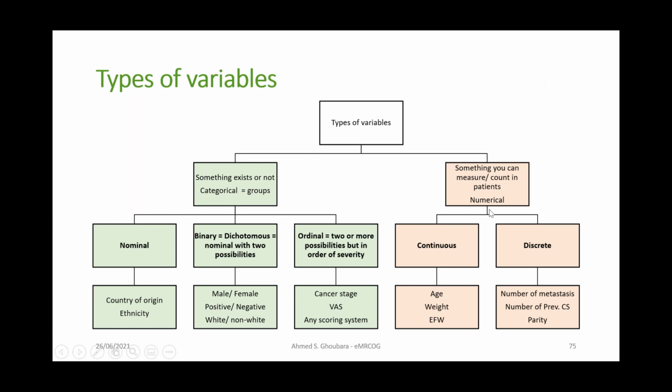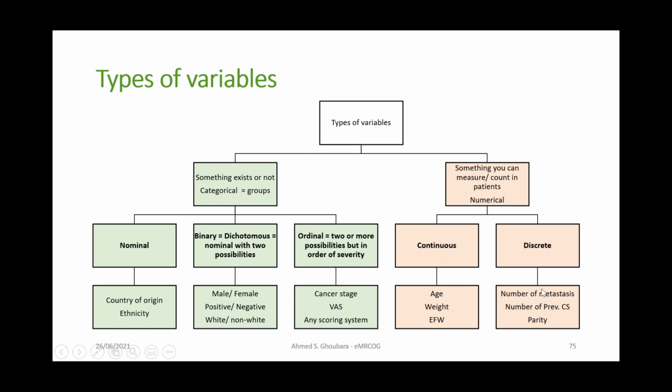So that's the first group, continuous. The second group of the numerical variable is the discrete, like the number of metastases. All of us studied the figure classification of the molar pregnancy, the invasive mole, GTD, I mean, gestational trophoblastic disorders, yeah, we all did that. So one of the staging system, the number of metastases.